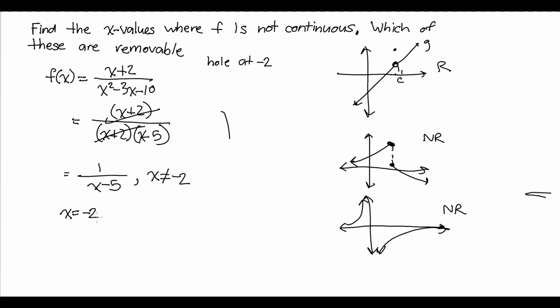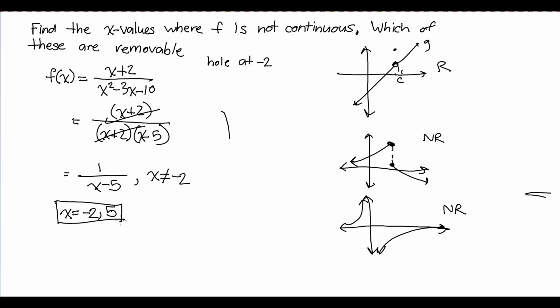Now we have to check the domain. At which x value is f of x undefined? Well, set the denominator equal to 0 and you get x is equal to 5. So it's negative 2 and 5. Which of these are removable?